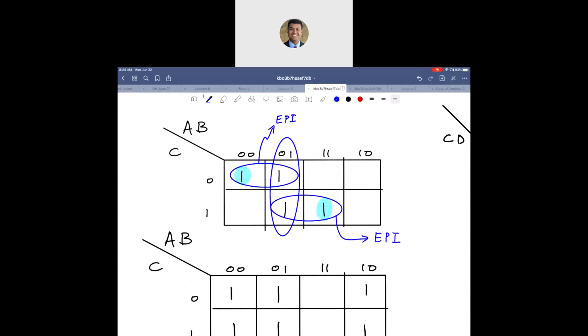And the vertical group that you see over here, the ones there belong to more than one group, in this case 2 groups, which means those are not essential. Not EPI.